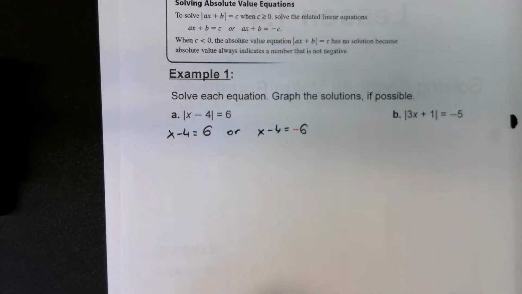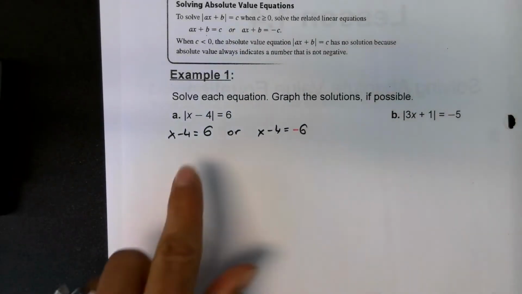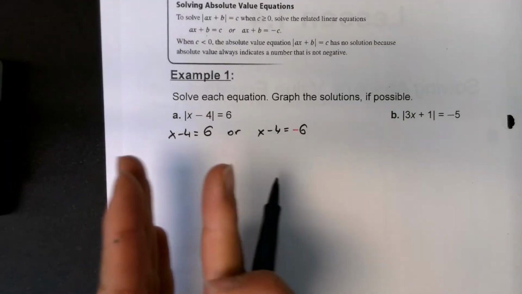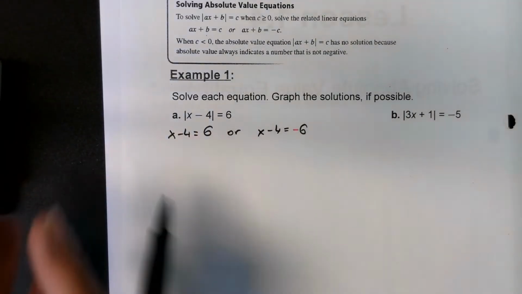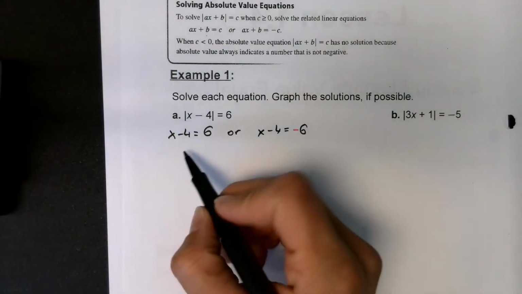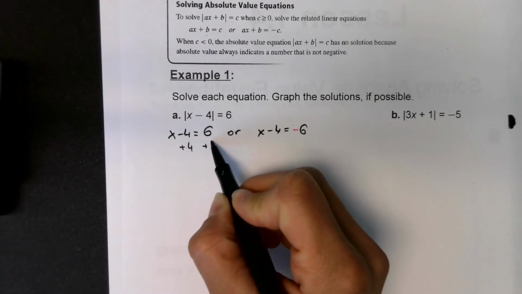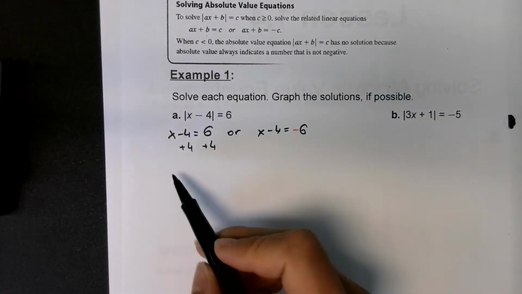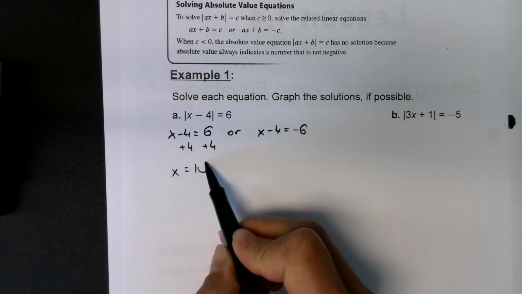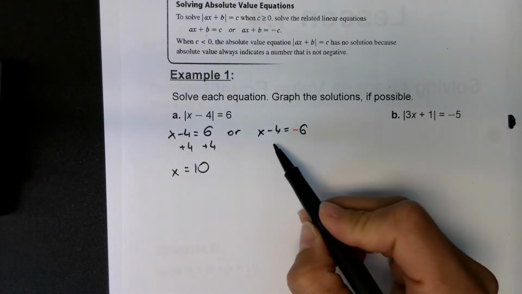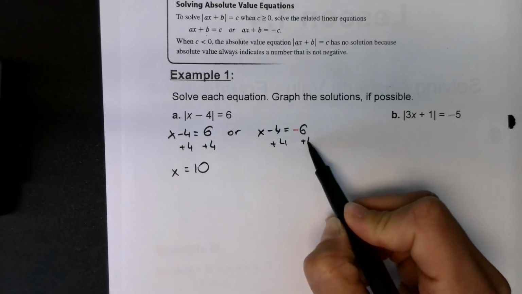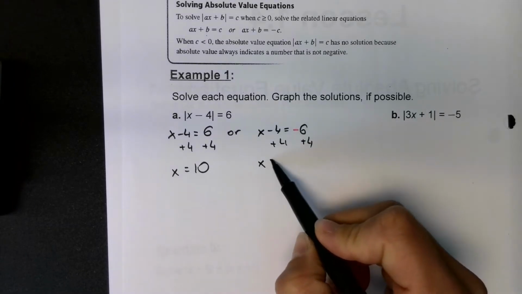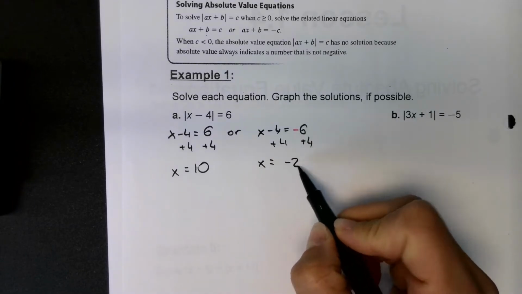So now we are going to shift it 6 units from positive 4, right, to the right, and 6 to the left. So let's solve for x. So plus 4, x equals 10, and plus 4 for this equation, x equals negative 2.